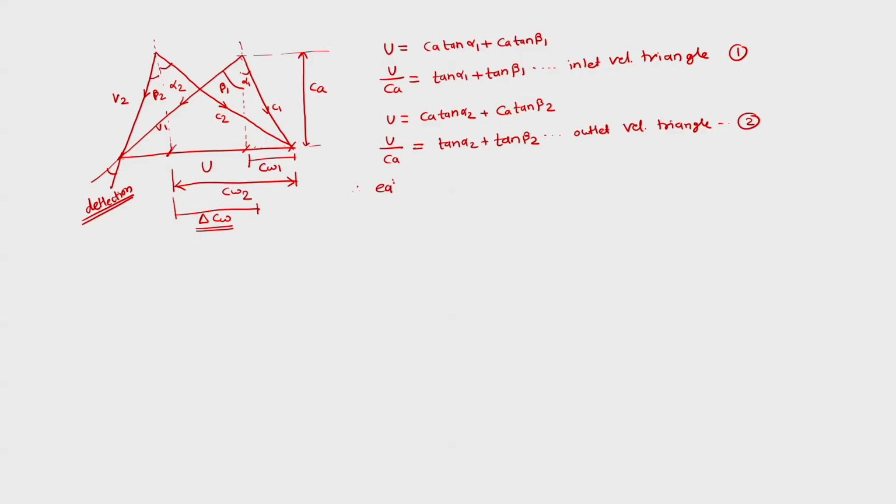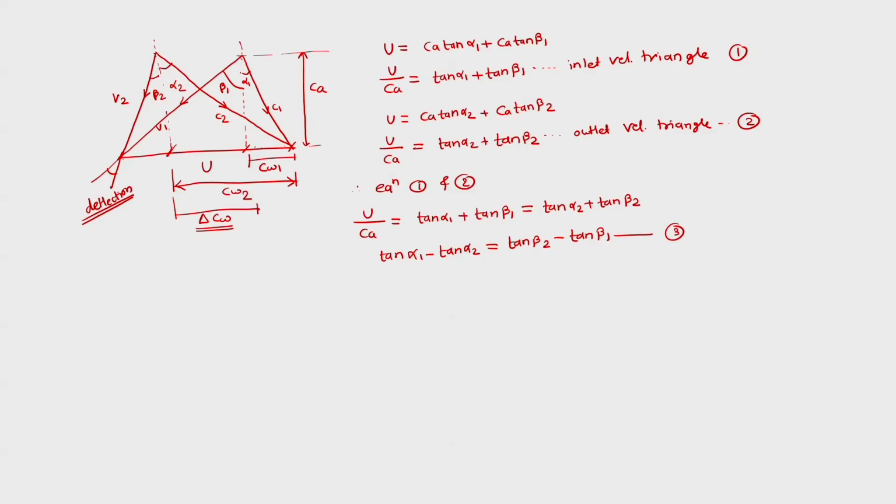So from equations 1 and 2 we have U upon CA is equal to tan alpha 1 plus tan beta 1 is equal to tan alpha 2 plus tan beta 2. So we can write tan alpha 1 minus tan alpha 2 is equal to tan beta 2 minus tan beta 1. We remember it as equation number 3.